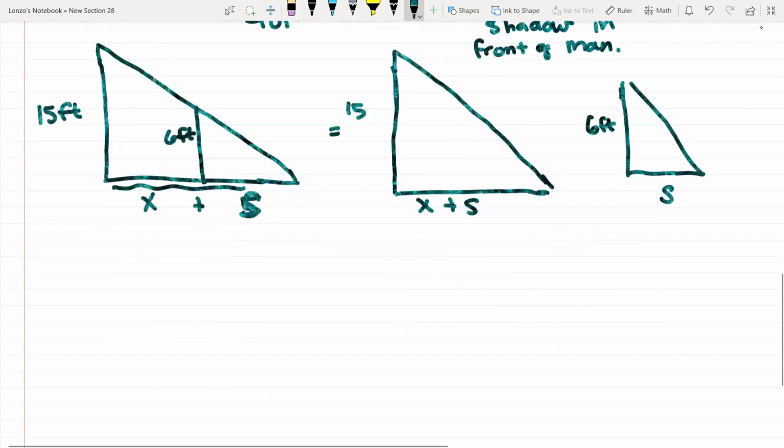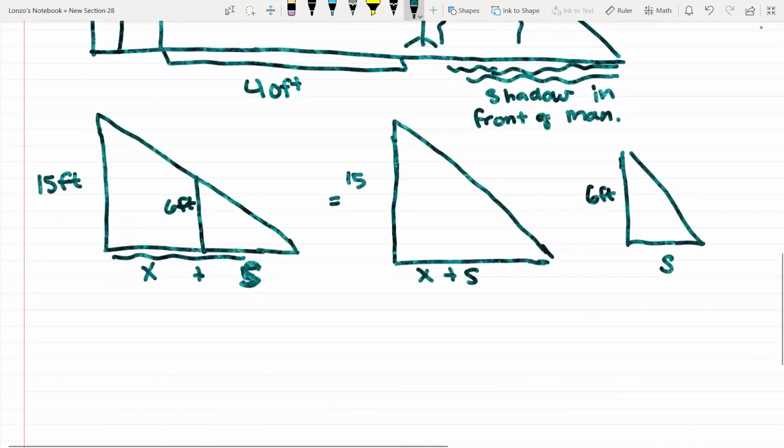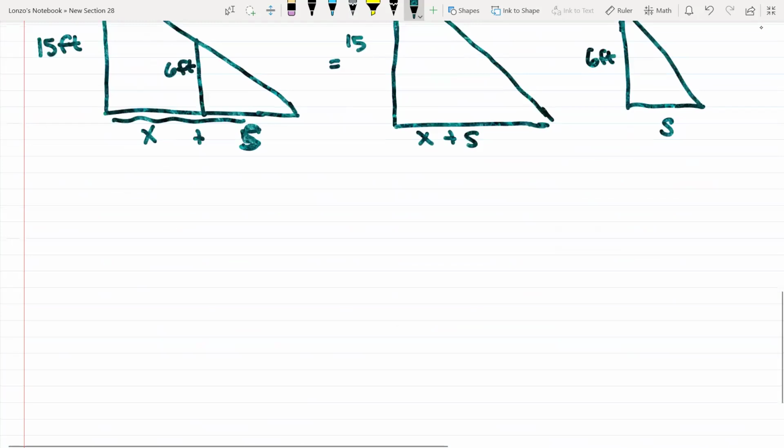Now what are we trying to find? How fast is the tip of the shadow moving? So I think we have to find ds/dt. Yes, we are trying to find the speed of the shadow, ds/dt.